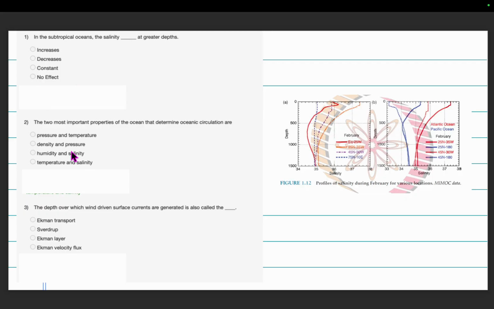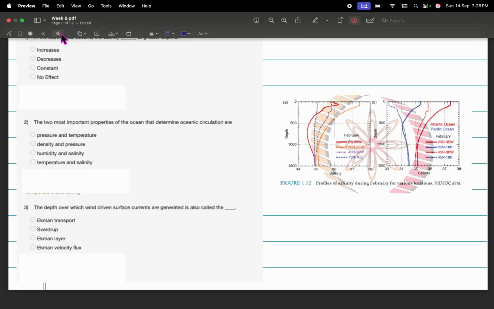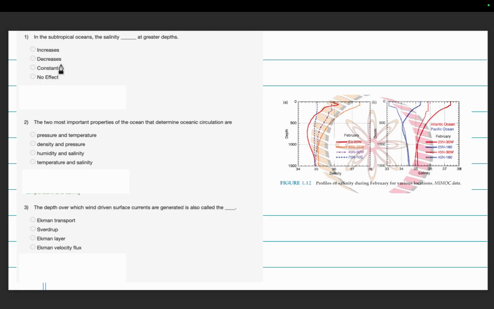Now, the two most important properties of the ocean that determine the oceanic circulations are pressure and temperature, density and pressure, humidity and salinity, temperature and salinity.